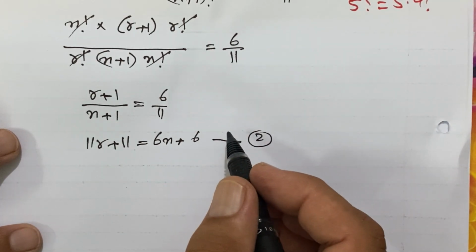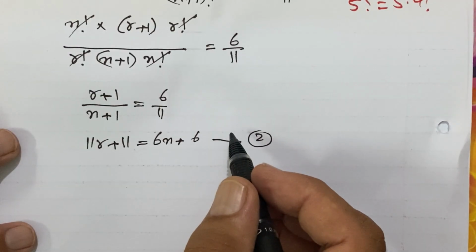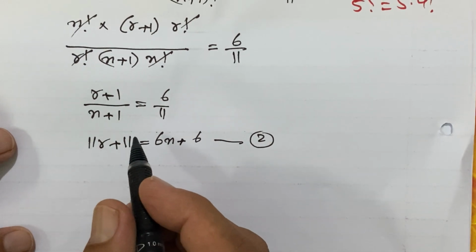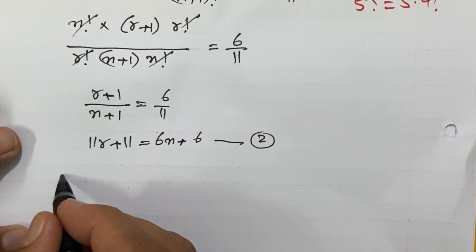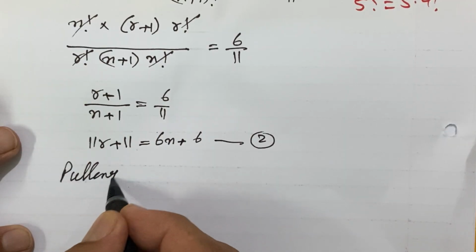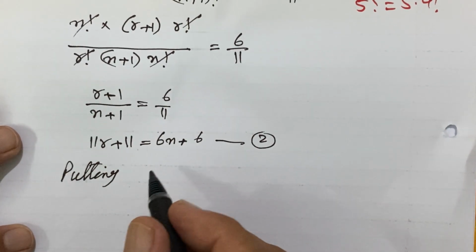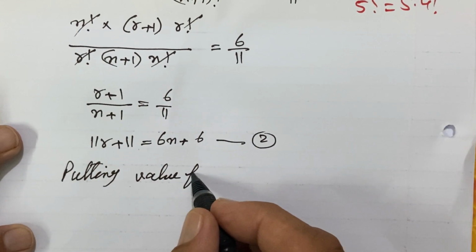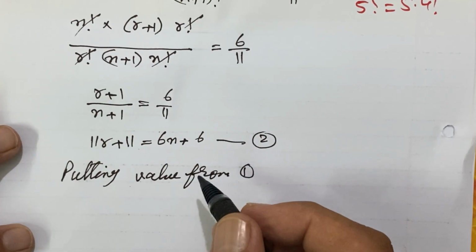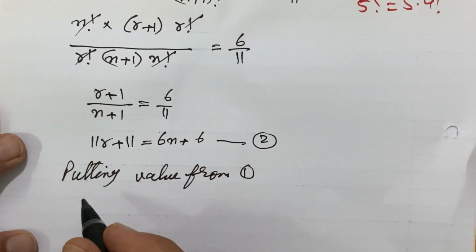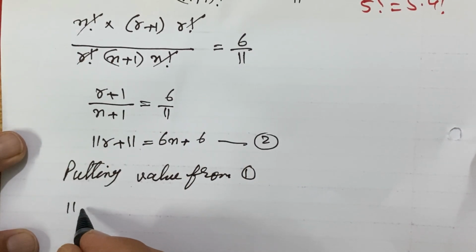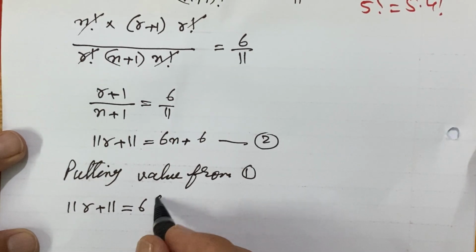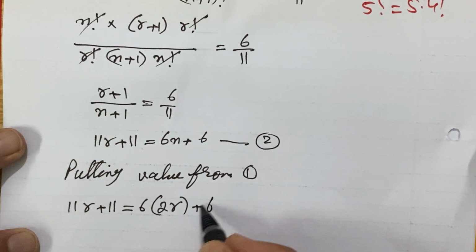In the second equation, putting the value of n from 1, 11r plus 11 is equal to 6 into 2r plus 6.